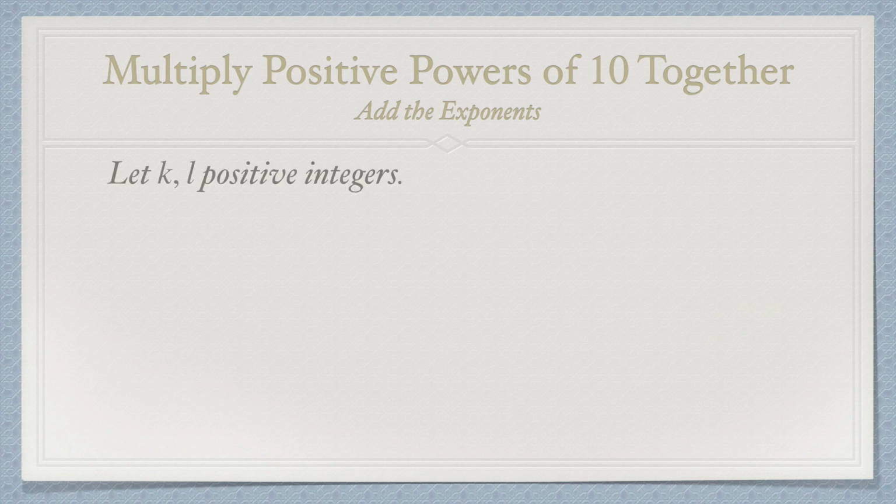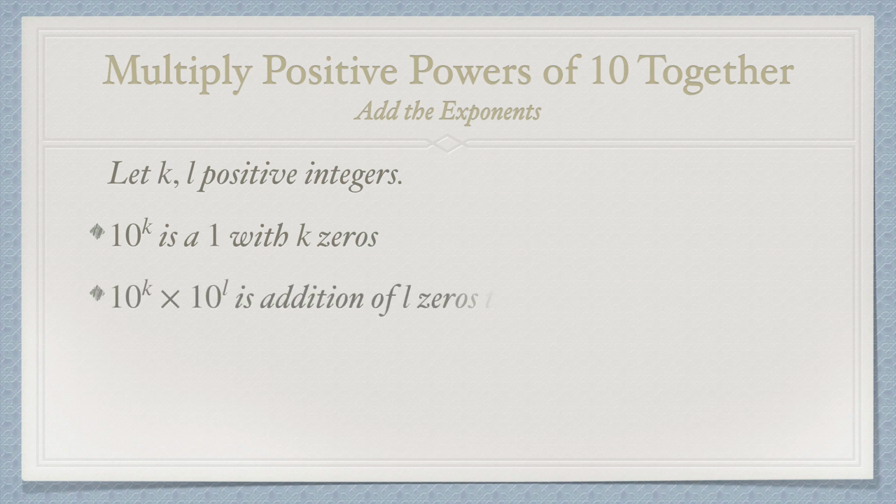Let k and l be positive integers. Then 10 to the power k is a 1 with k zeros. And 10 to the power k multiplied by 10 to the power l is the addition of l zeros to 10 to the power k.